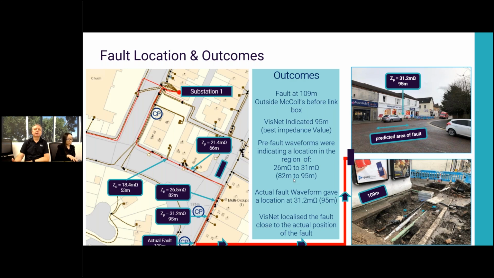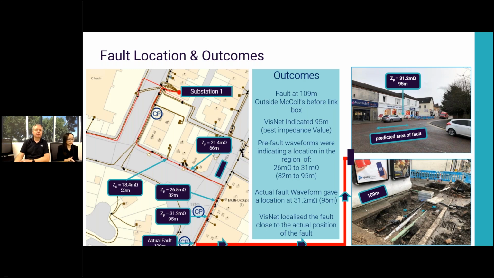In this particular instance, the cable did eventually fail. And when we looked at the actual fault location, that was also saying about 95 meters. So we were getting very good correlation between the pre-fault location and the actual fault location.